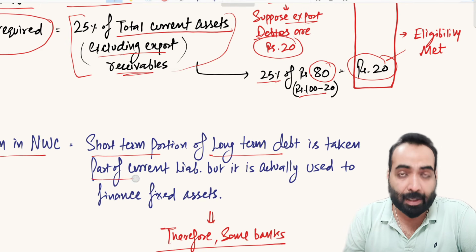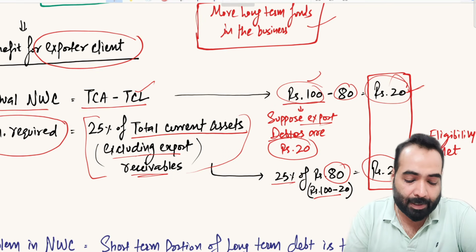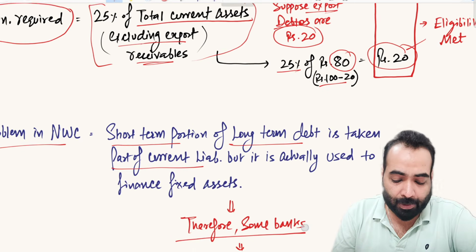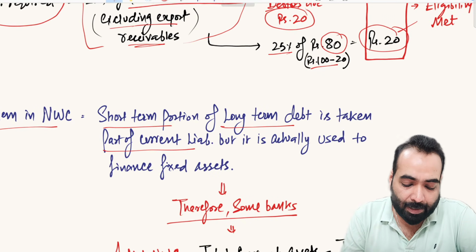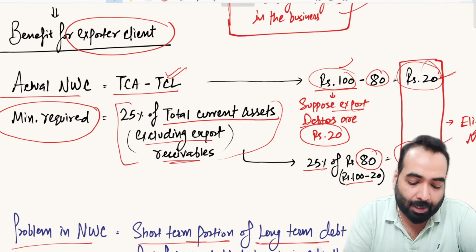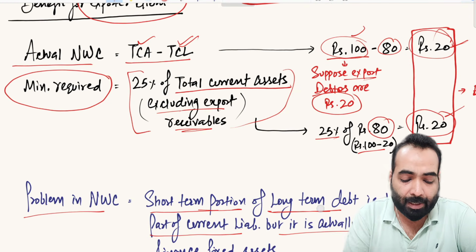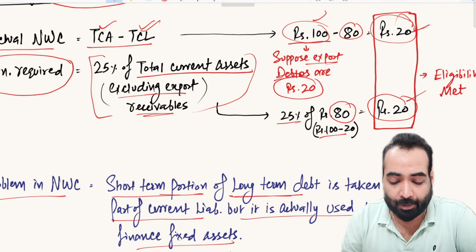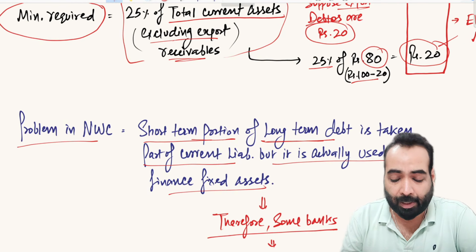Since it is taken as part of the current liabilities, it is technically reducing your actual NWC, right? And this short-term portion of long-term debt is actually used to finance the fixed assets, not the current assets, so it hampers your eligibility calculations. This is the basic problem in NWC.